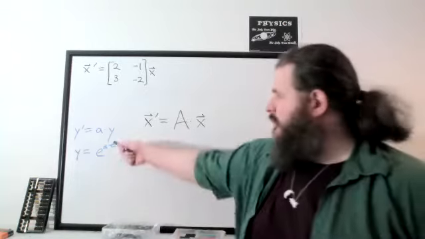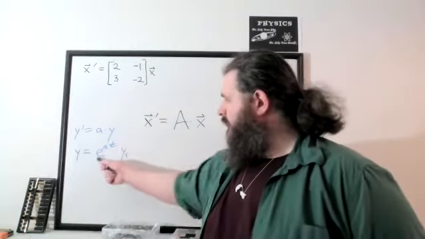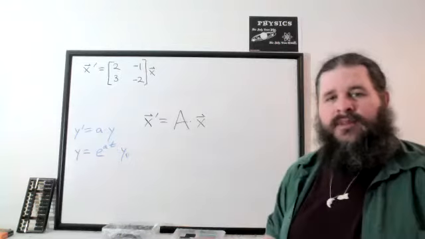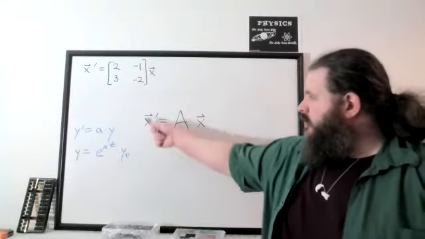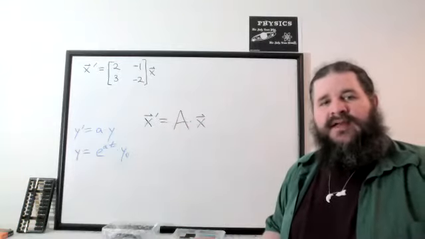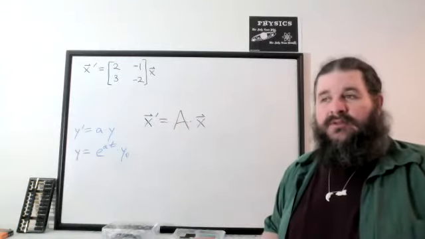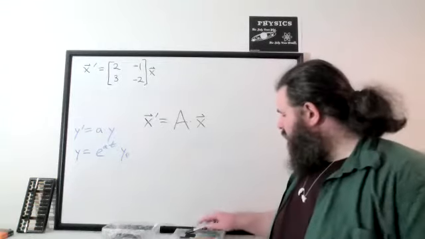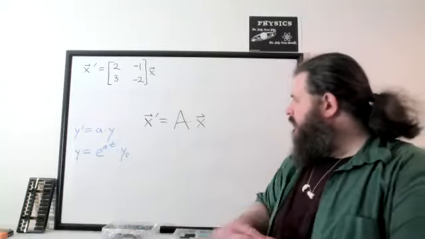If you plug in 0 to t, then this constant is just 1 times this constant, which equals the initial condition, y at time 0. Since this is also a derivative of a function equaling a constant times the function itself, we can expect a somewhat similar type of solution. In fact, we can make a guess that it's also an exponential function.